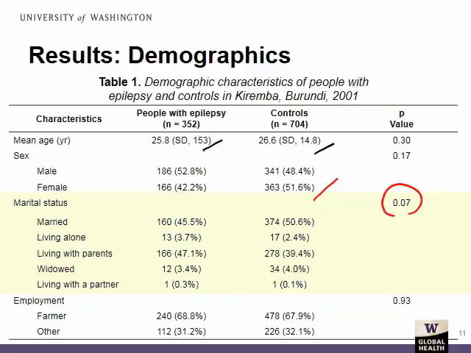And you'll see that by employment, they also were similar. So the matching basically worked. I mean, this p-value is trending towards significance, but it's not significant. So there are no statistically significant differences between the patients with epilepsy and the controls. And that's what you want when you're doing a matched cost of illness study.